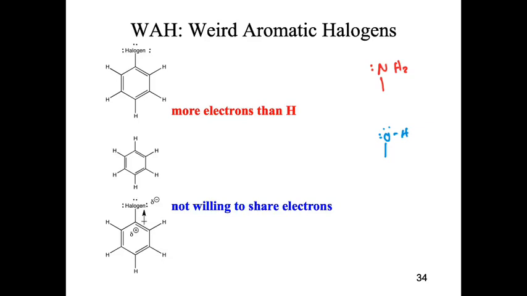If we switched it to carbon, it's still an activator, but it's weaker than both of those. What if we switched it to an aldehyde? Now all of a sudden it becomes a deactivator. So we have a line. It starts with activators, less activating, and all of a sudden we're deactivating.